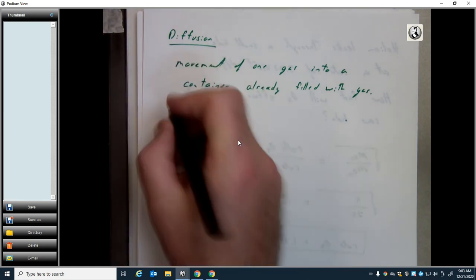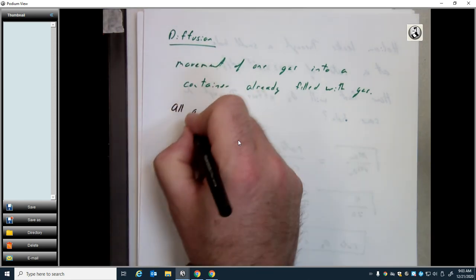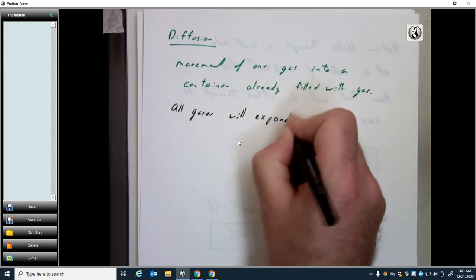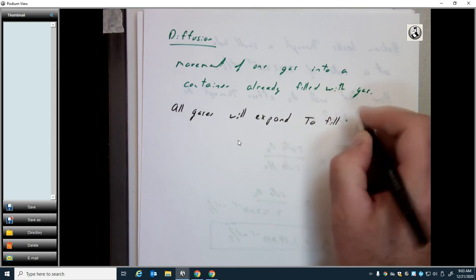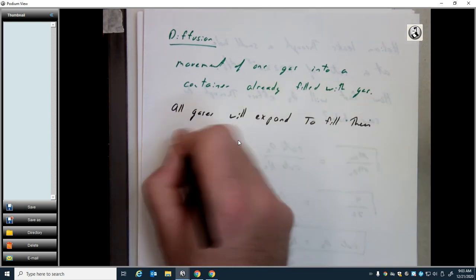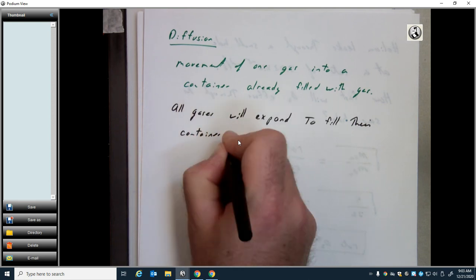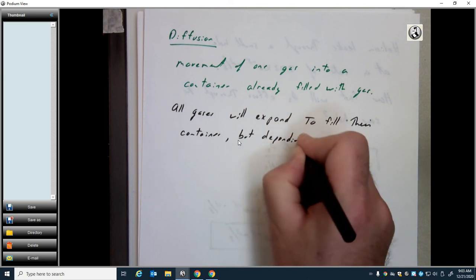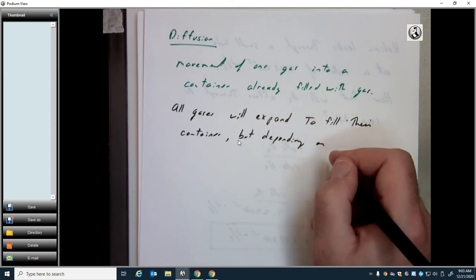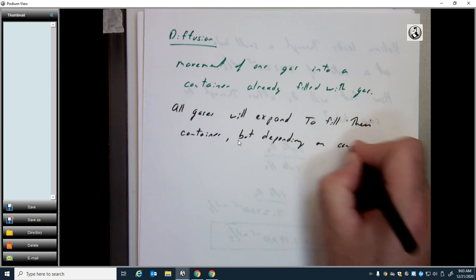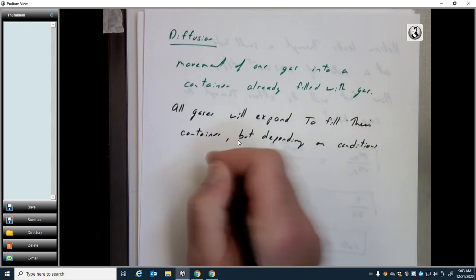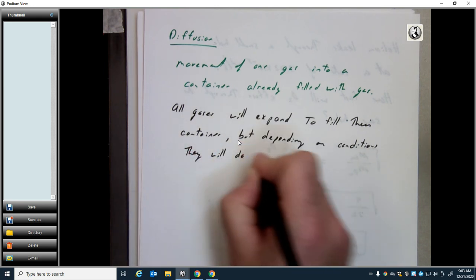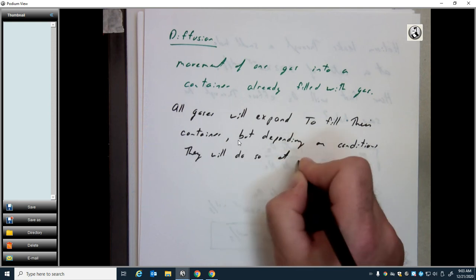So we know that all gases will expand to fill their container, but depending on conditions, they will do so at different speeds.